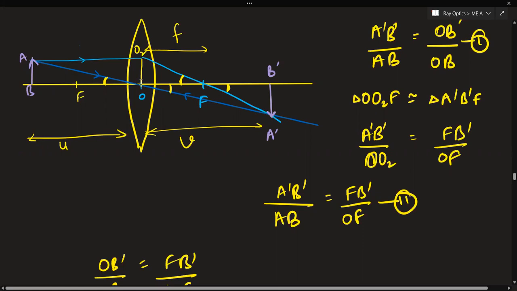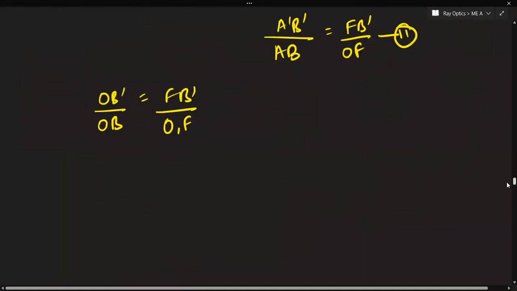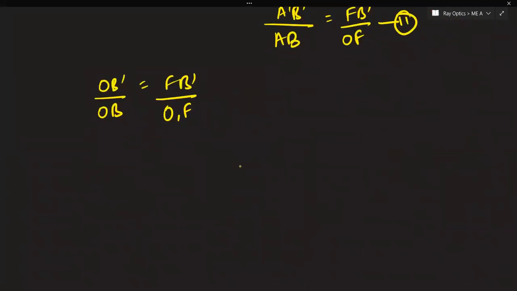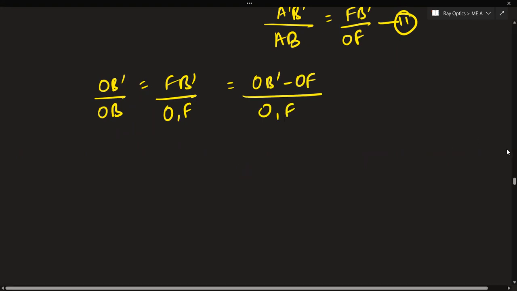Do you see it? Complete OB dash minus this part OF will give you FB dash left only. Because FB dash has no meaning, we require terms which have image distance, object distance, and focal length.